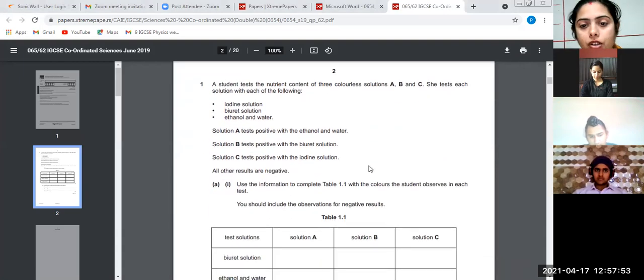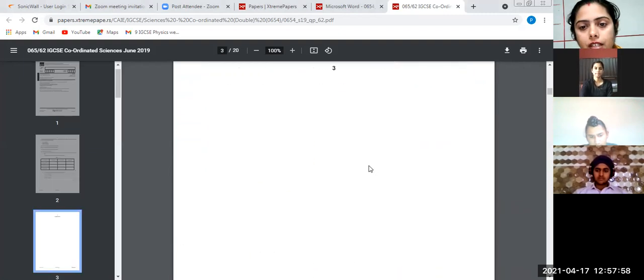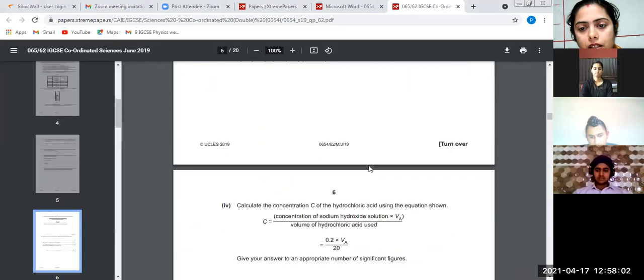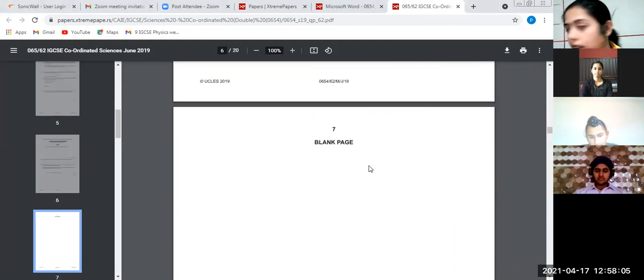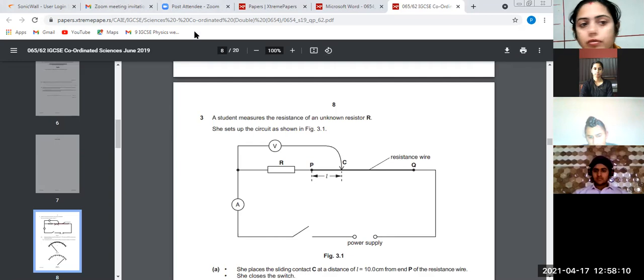So the first question is not of physics. Second, third one. So the third question is of physics. So we are going to begin with question number 3.